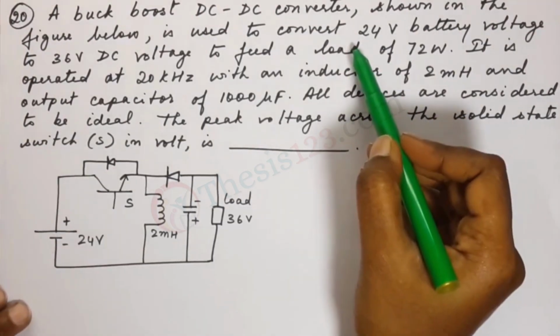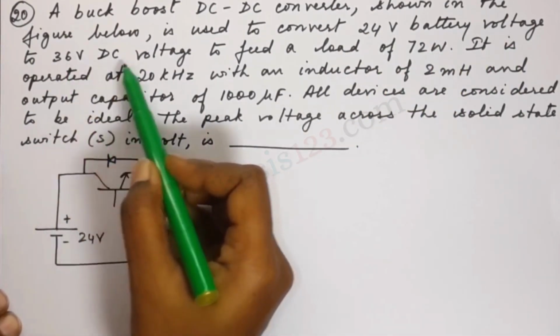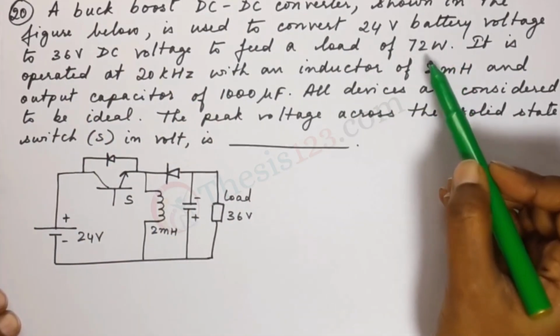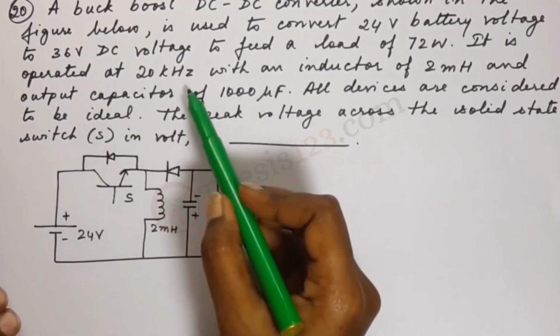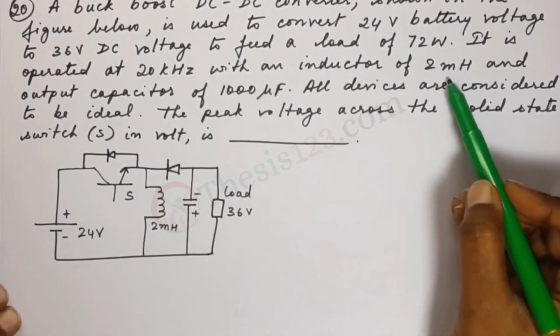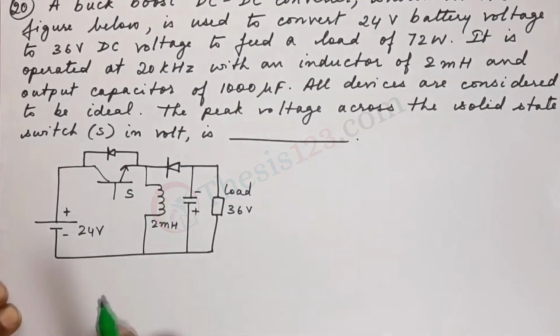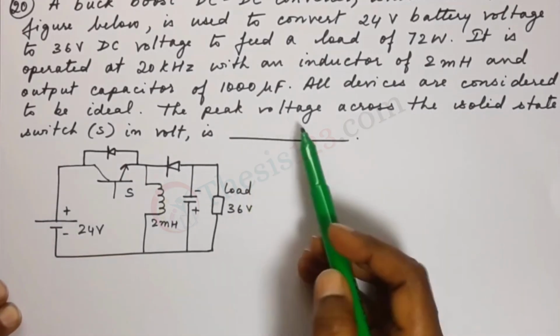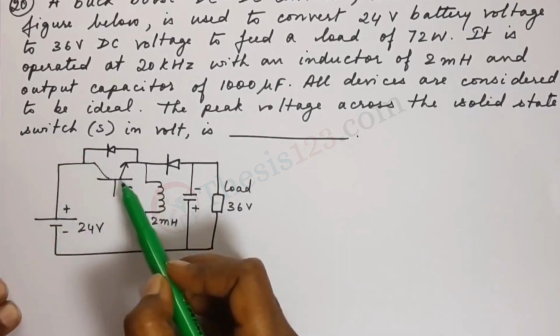It converts a 24 volt battery voltage to 36 volt DC voltage. A load of 72 watts is given, the operating frequency is given, the values of inductor and capacitor are given, a whole lot is given to us. But the question talks about the peak voltage across the solid state switch S.